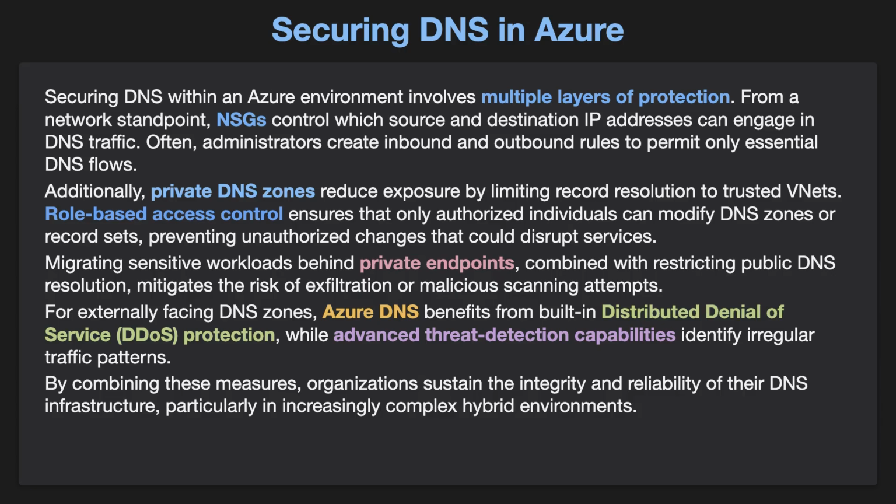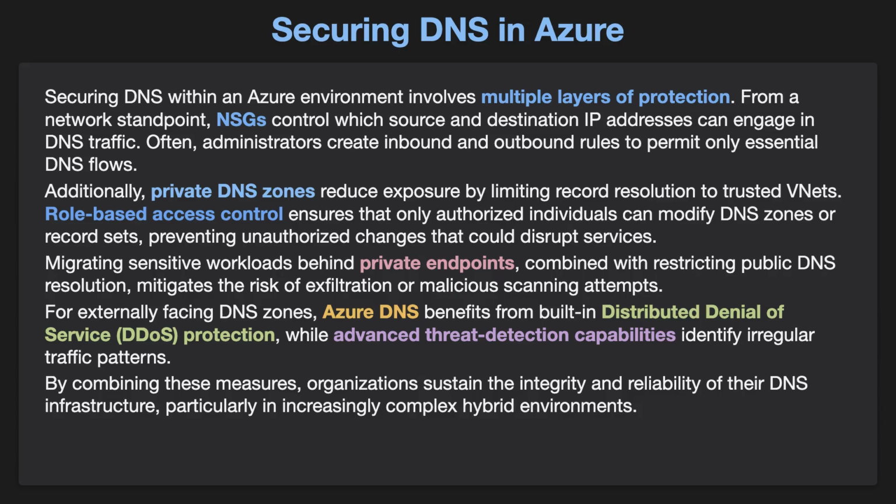Role-based access control ensures that only authorized individuals can modify DNS zones or record sets, preventing unauthorized changes that could disrupt services. Migrating sensitive workloads behind private endpoints, combined with restricting public DNS resolution, mitigates the risk of exfiltration or malicious scanning attempts.